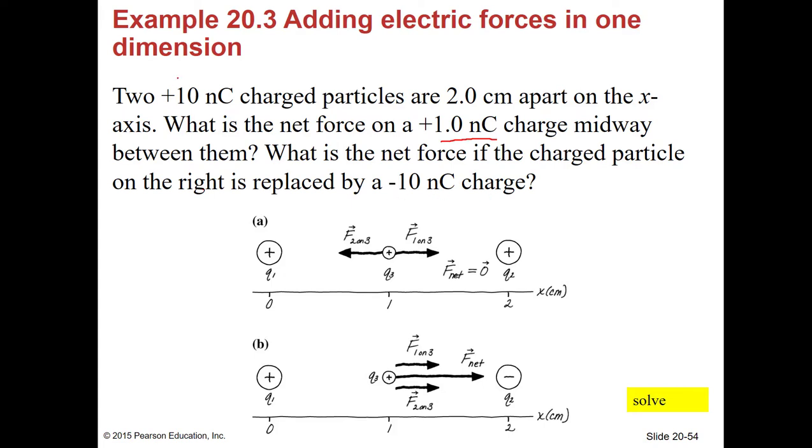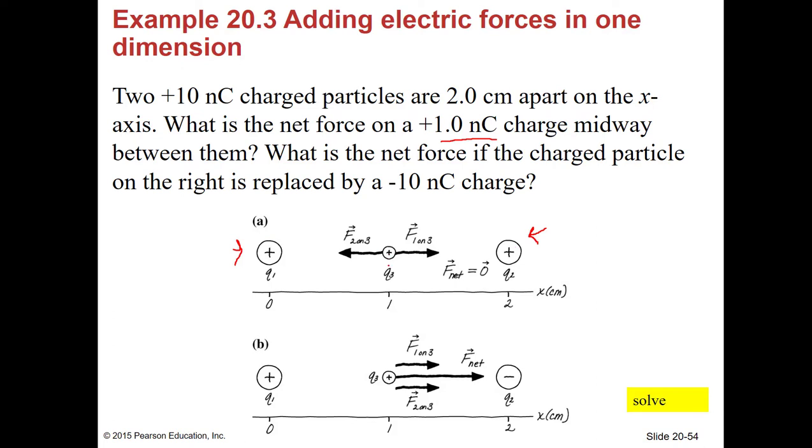Okay, so we got a plus 10 here and a plus 10 here in the first picture. What direction is the force if you put a plus charge here? Well, you can see in the first part here on this Q3, so this one is plus 1. Okay, so plus 10, plus 10, plus 1.